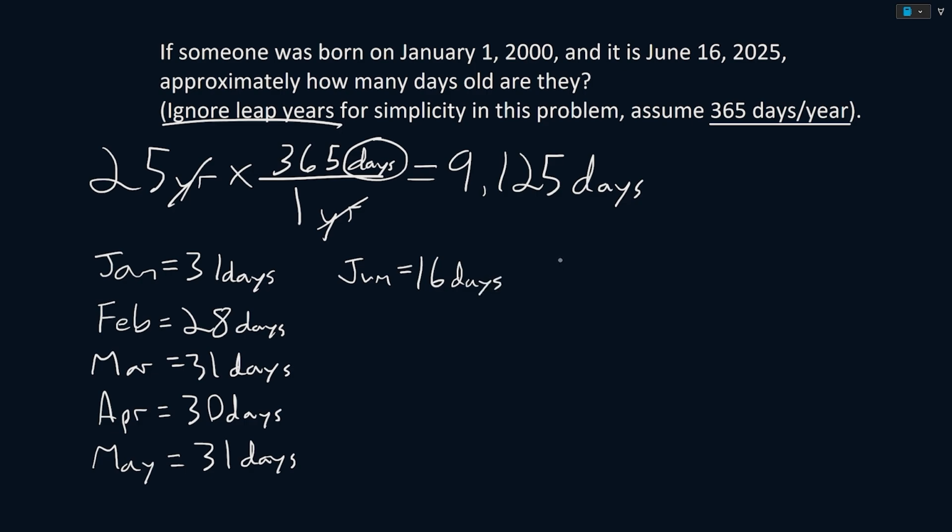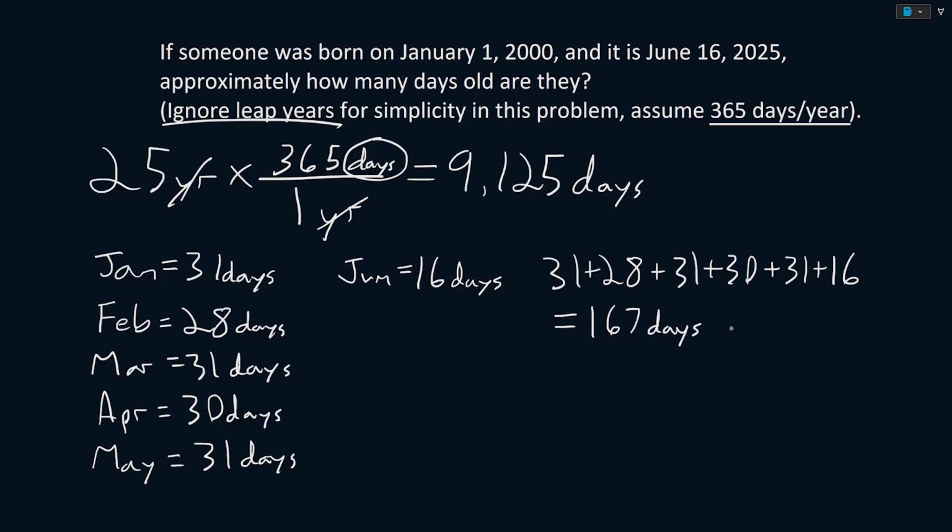Adding all the days together for this year, there were 31 days in January, 28 in February, 31 in March, 30 in April, 31 in May, and 16 so far in June. This totals to be 167 days in 2025.